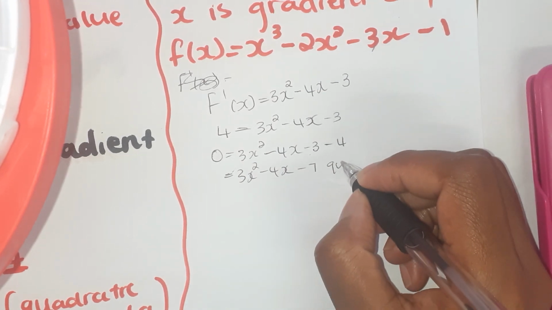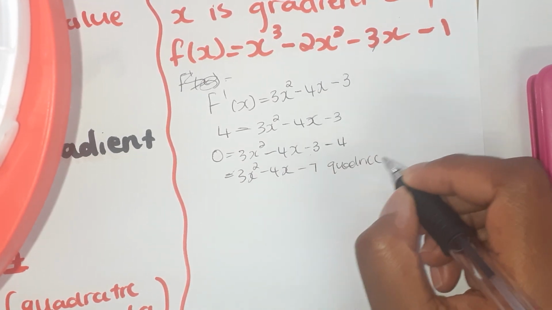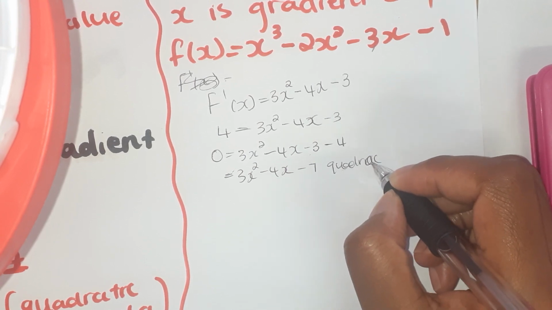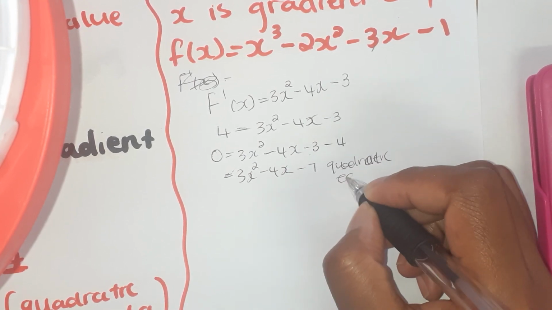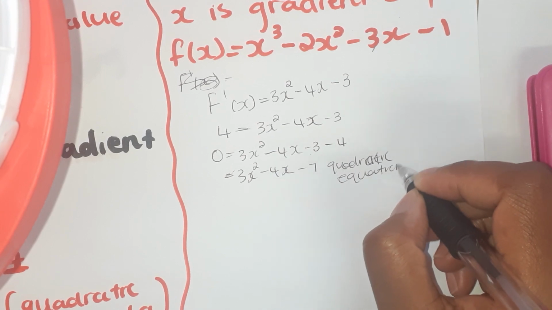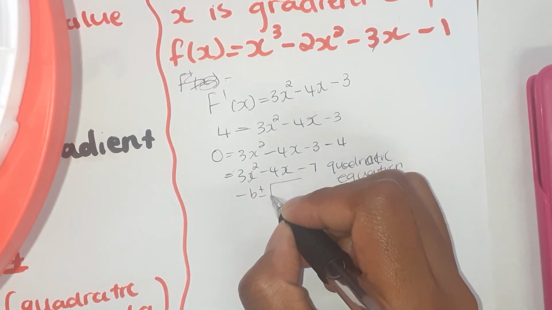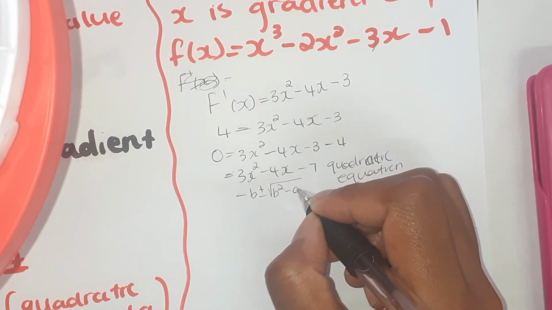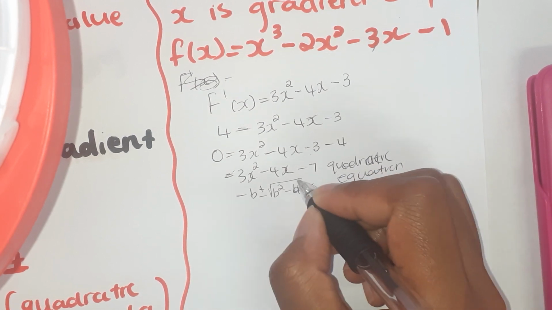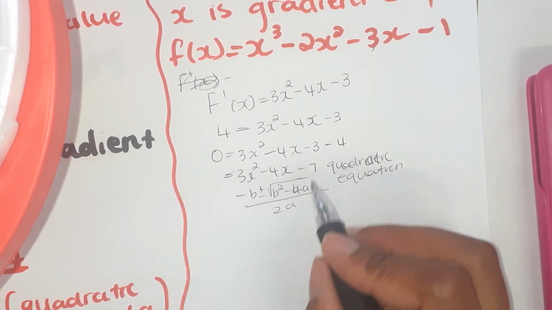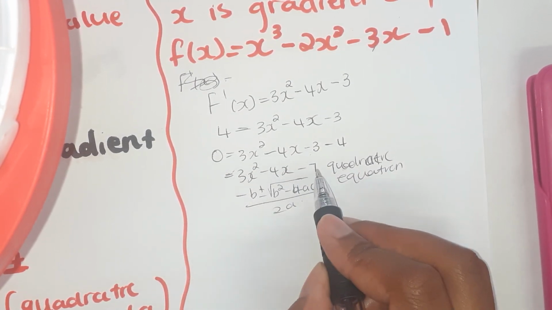So we have a quadratic equation here. So we say negative b plus or minus the square root of b squared minus 4ac, all over 2a. So this is a, this is b, this is c.